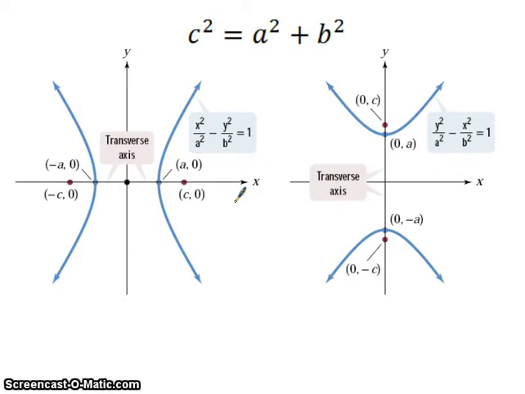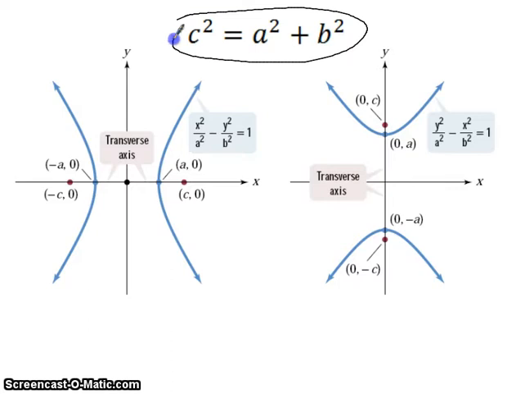We'll talk about what the b is in just a second. If the hyperbola has a transverse axis along the y-axis, then the y squared will be over the a squared, and then the x squared will be over the b squared. Once again, the a value is the distance to the vertex point.